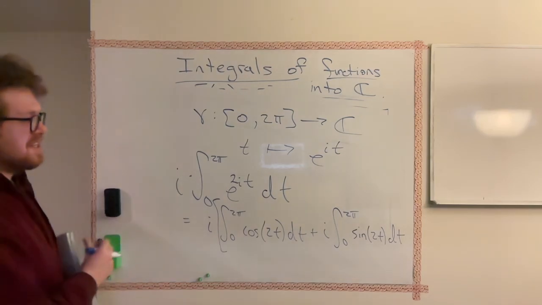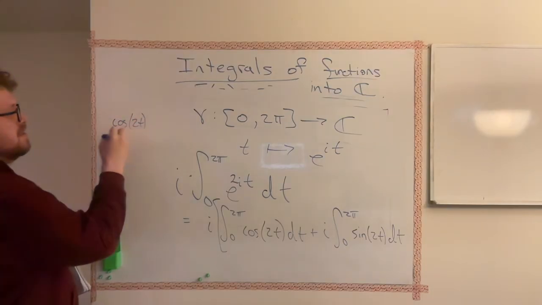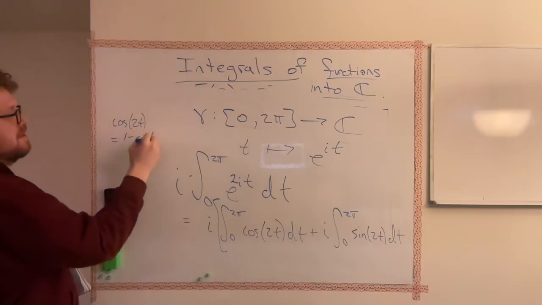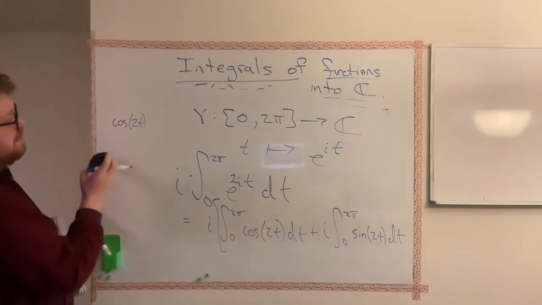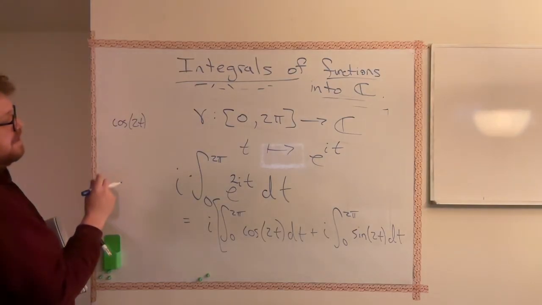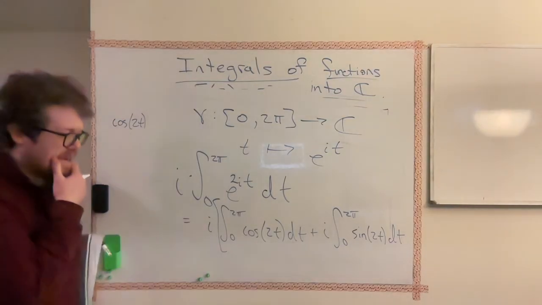Which one's the easiest one? I think cosine of 2t. What's the relation again? Oh, the double angle formula, right. Okay, so this is like 2 sine cosine? Maybe somebody can help me.